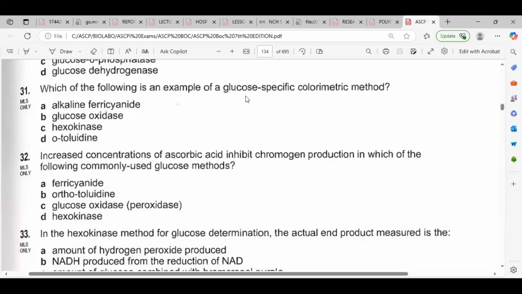It is colored, but it falls within the ultraviolet range. Yes, that is because it is UV light, which is measured spectrophotometrically.